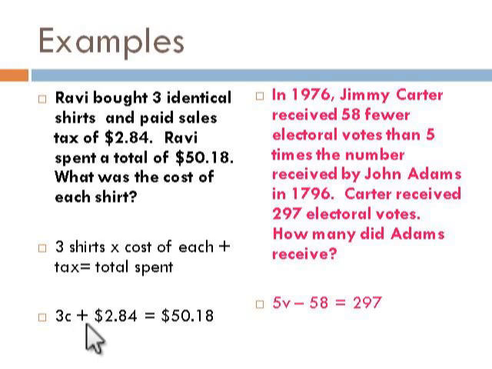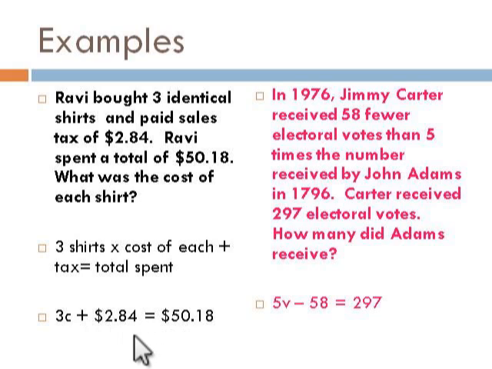So to solve it with the inverse operation, I would need to use the opposite of addition, so I would subtract, and the opposite of multiplying, so I would divide. Which one do I do first? Remember, you always undo any addition or subtraction first. So the first thing I would do would be to subtract $2.84 from each side of the equation.